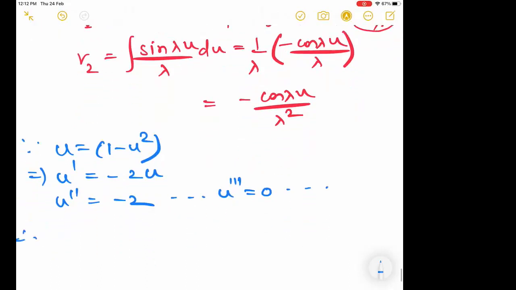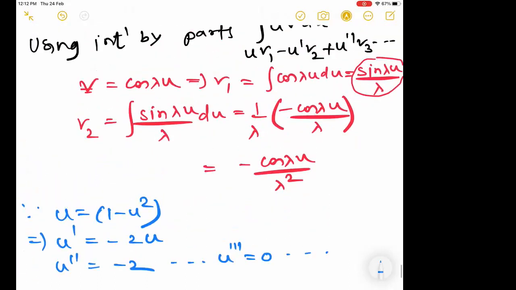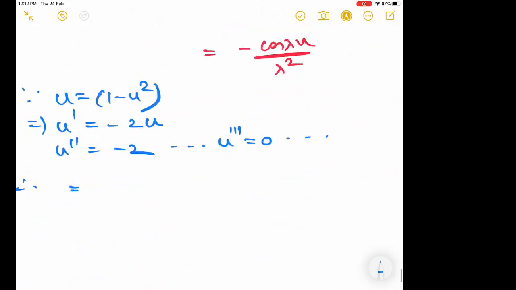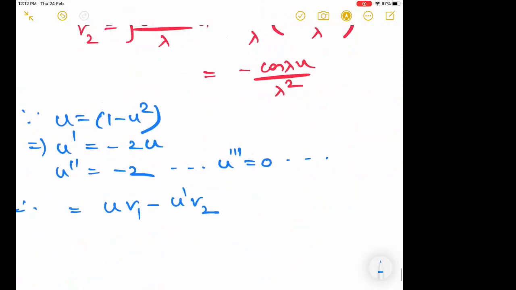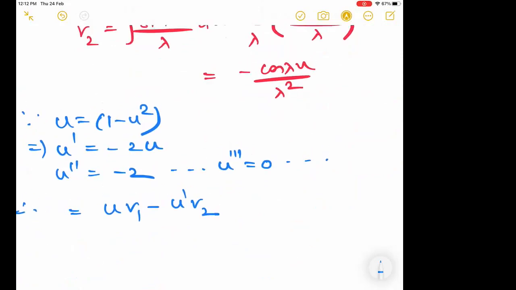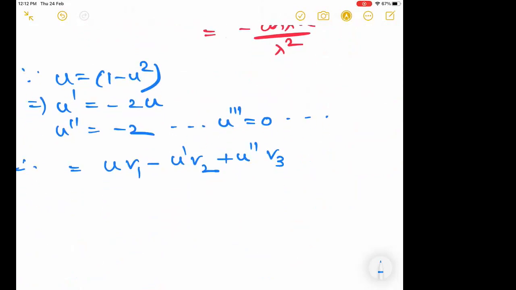So, while doing the integration by parts procedure, our expression will be u into v1 minus u dash v2 plus u double dash v3. Correct? So we want 3 terms. After that, the terms vanish because u triple dash is 0.